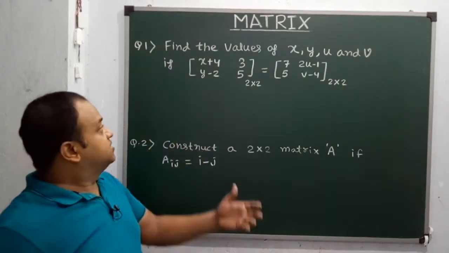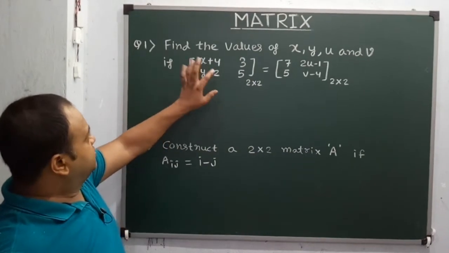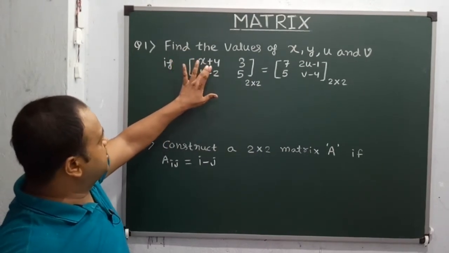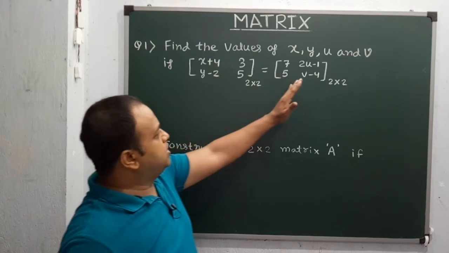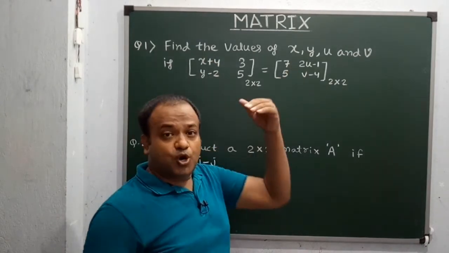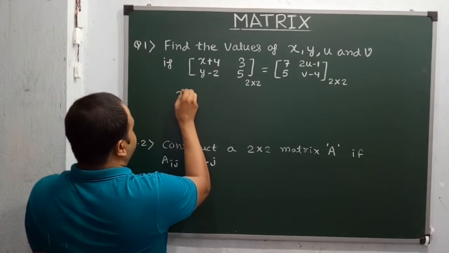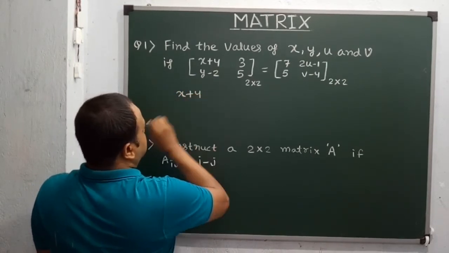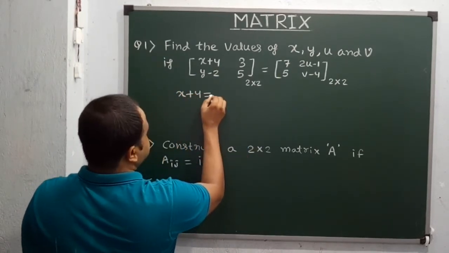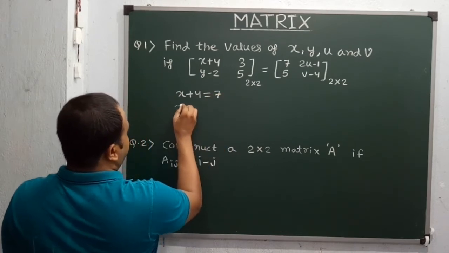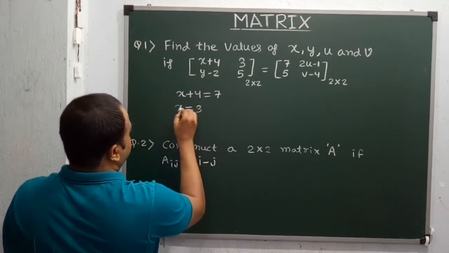In that case, the first element, that is A11 of the first matrix, must be equal to A11 of the second matrix. It means x plus 4 equals 7. We can easily find x equals 3.